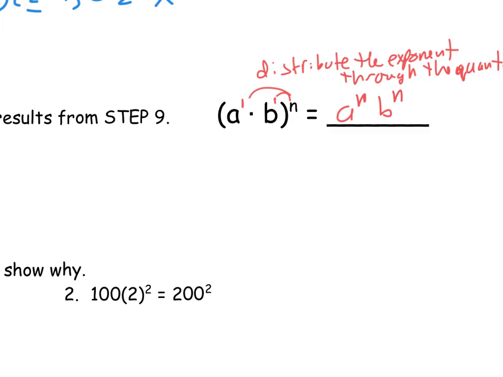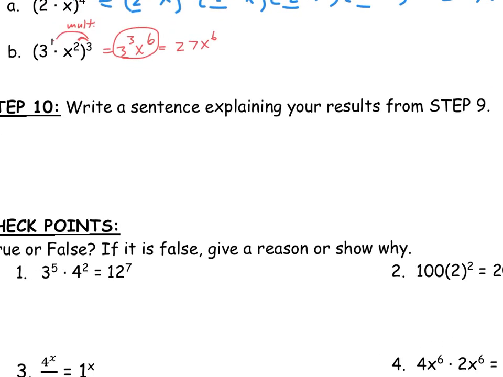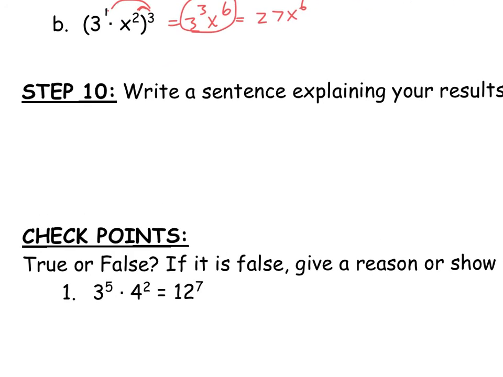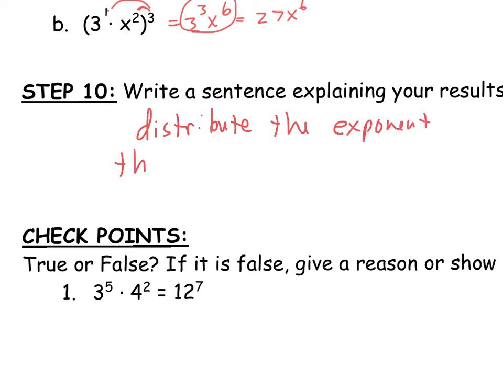And that's it. So you could just say distribute the exponent through the parentheses, we'll say, instead of quantity. Through the parentheses. There we go.